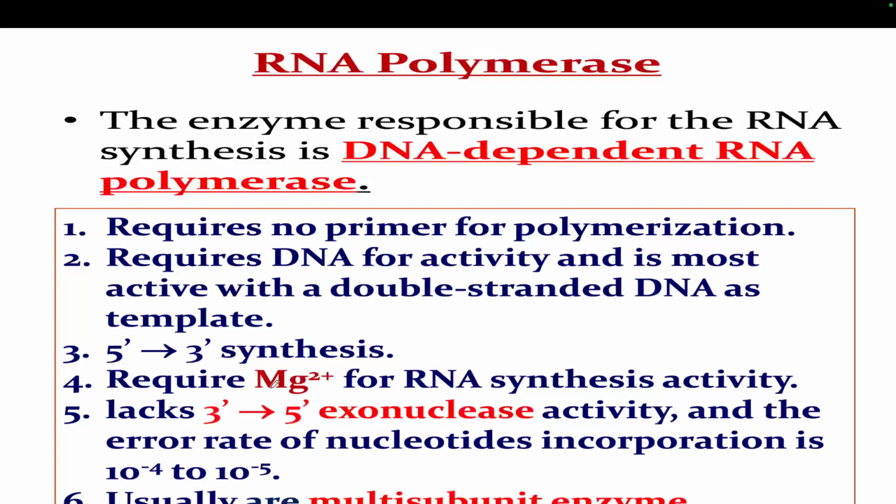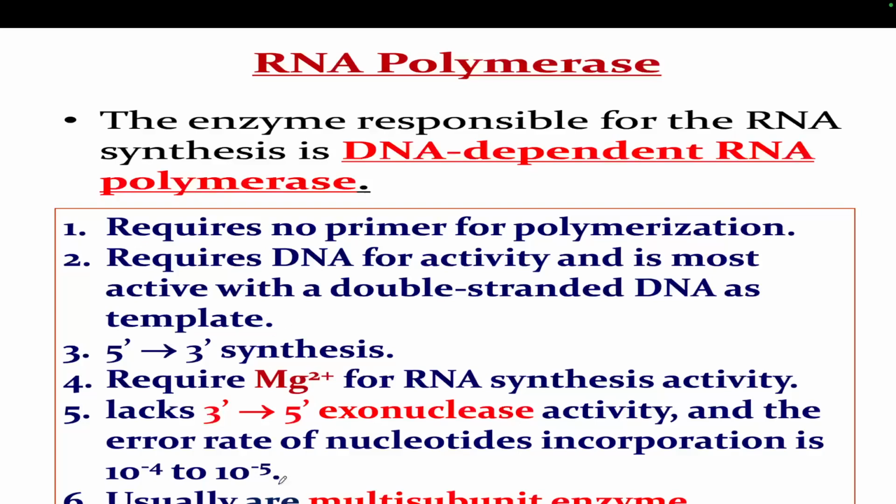That's why RNA polymerase doesn't have this exonuclease activity. If an error occurs, it will persist throughout protein expression, and there is no way to rectify it. So before going into RNA production, the cell machinery rectifies all the errors during replication at the beginning itself, and only then proceeds to RNA synthesis.